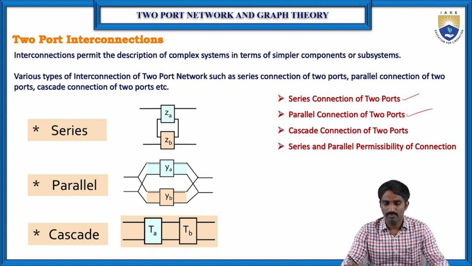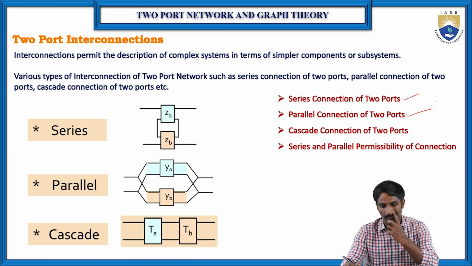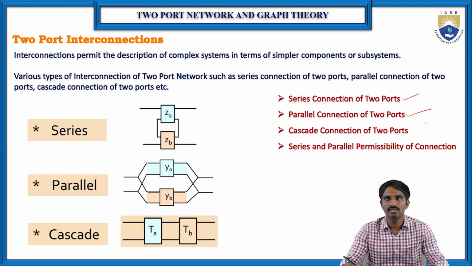Another one is the parallel connection of the two-port networks. Then the third one is the cascade connection of the two-port networks. Finally, there is another possible way to connect these networks, which is series and parallel permissibility of the connection. In this class, we will discuss one by one.